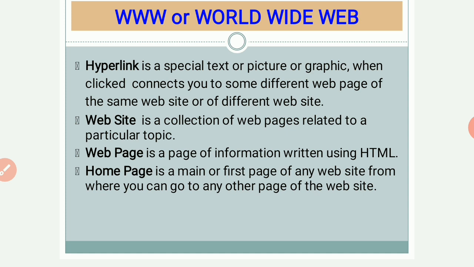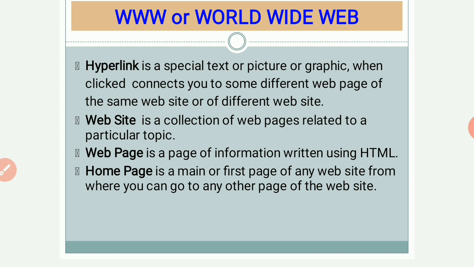Hyperlink is a special text, or it can be a picture or graphic. When the user clicks on it, it connects you to some different web page. It can be of the same website or of a different website.